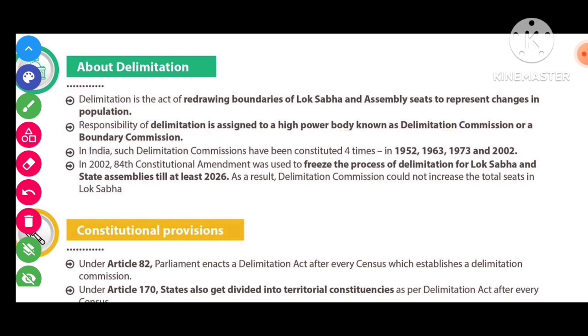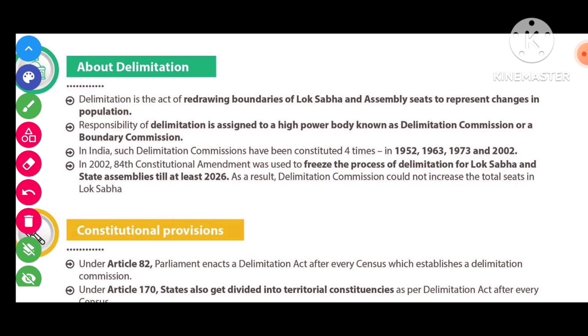In India, delimitation commissions have been constituted four times, in 1952, 1963, 1973, and last in 2002.